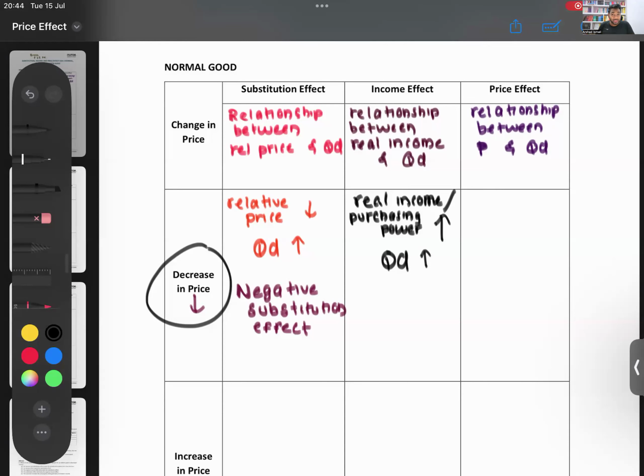You look at the relationship between real income and quantity demanded. Real income is increasing, quantity demanded is increasing. Therefore, the income effect is positive or negative? We have a positive income effect. So, you write that down. You have a positive income effect.